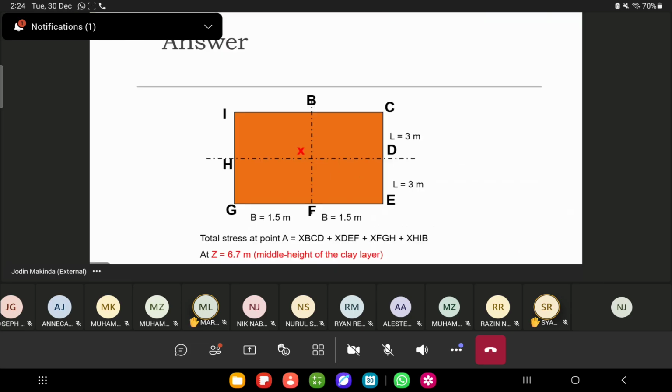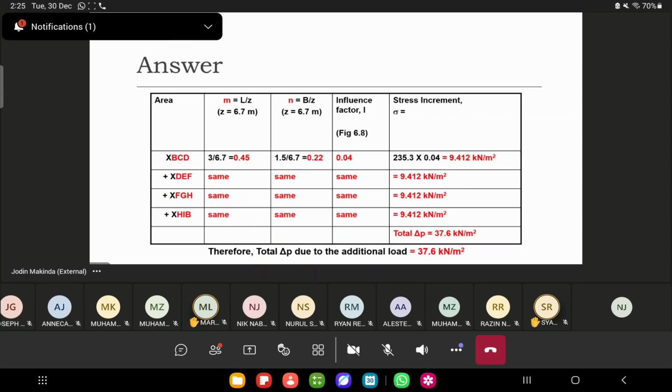Now after we split into four equivalent areas, we calculate the stress using the table. Because the four squares are of equivalent size, I only calculate once.